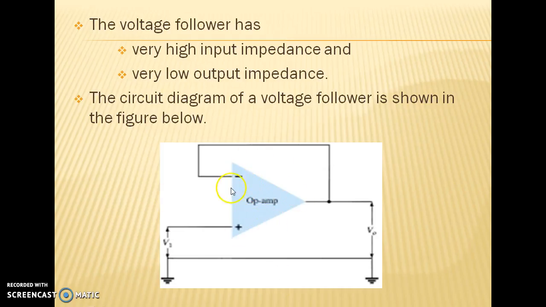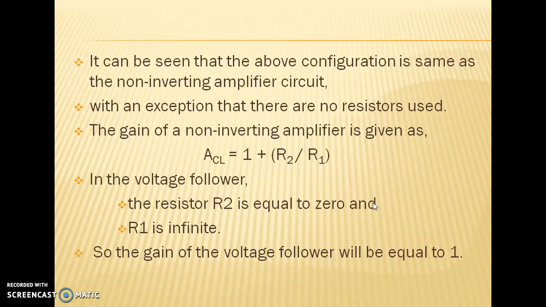This is the op-amp with inverting input being directly connected to the output without any feedback resistor, and the non-inverting terminal is provided the input, and the output is taken across this port. It can be seen that the above configuration is same as the non-inverting amplifier circuit, with an exception that there are no resistors used.